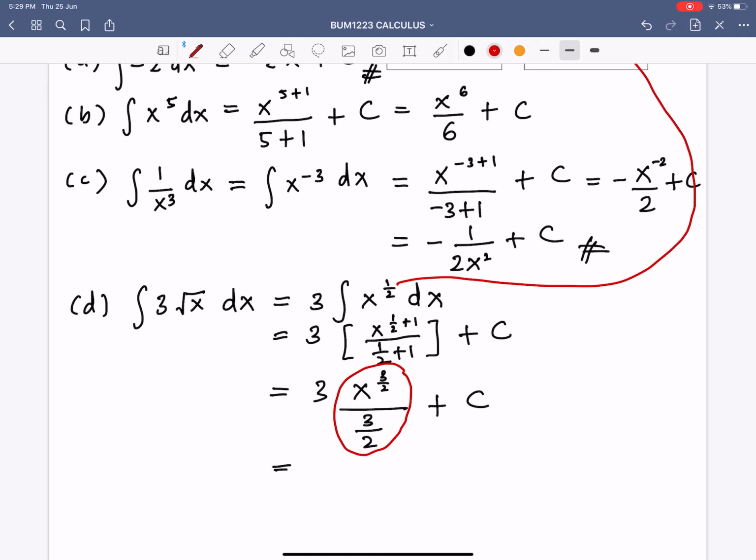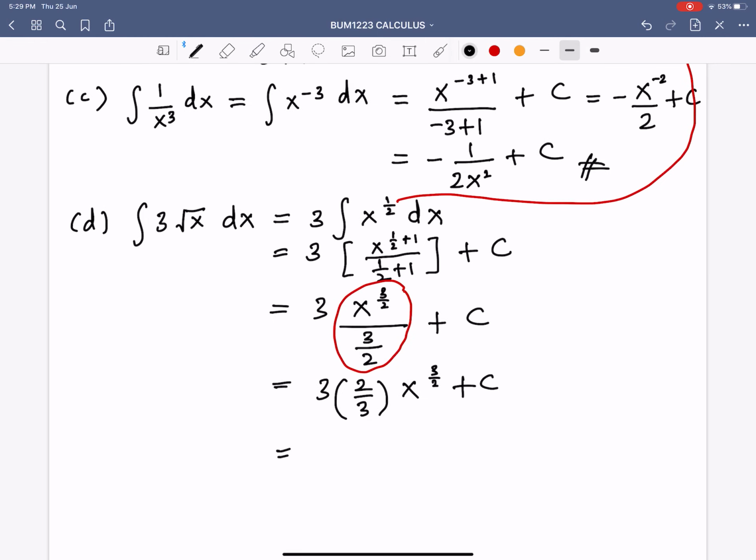In order to do that, we know that this is equal to 3 times 2 over 3 x power of 3 over 2 plus c, where we can cancel out 3, so the result will be 2 times x power of 3 over 2 plus c.